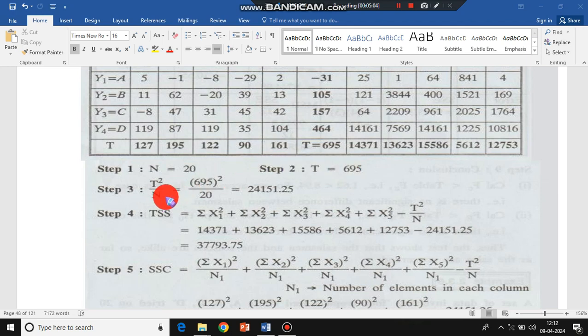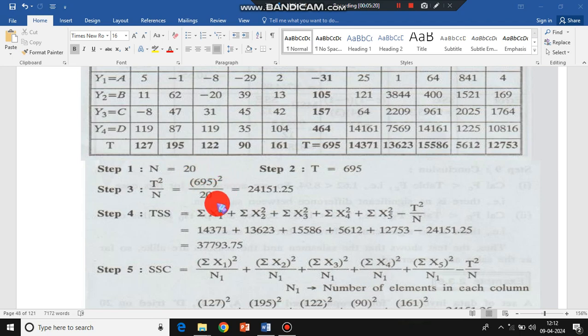Now the correction term we have to calculate here, that would be step number 3. Correction term is T square by n. T we already know is 695. That square divided by n, which is 20.